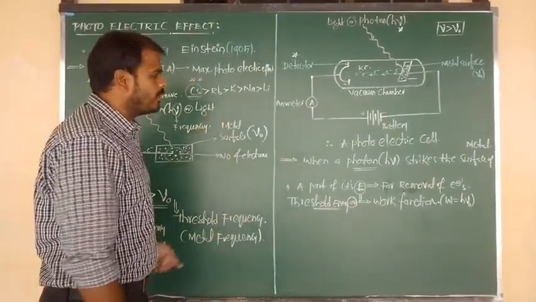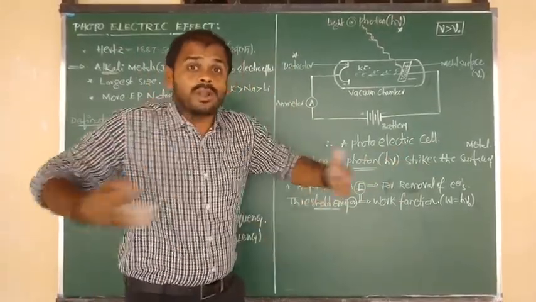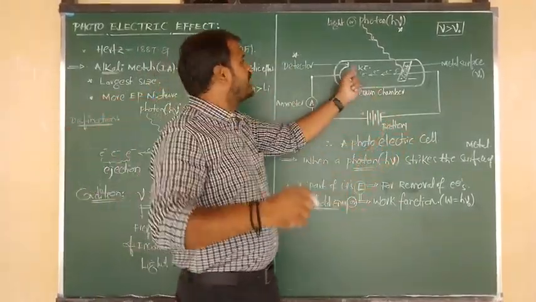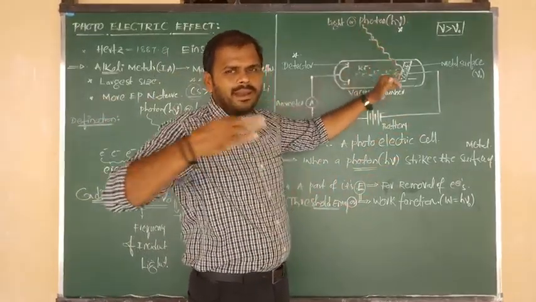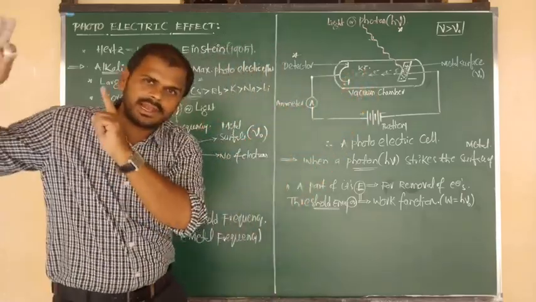Okay, now beta, good. So a part of energy we are utilizing for the removal of electron. What about the remaining energy of the photon? Remaining energy of the photon, it will be released in the form of kinetic energy of the released electron.